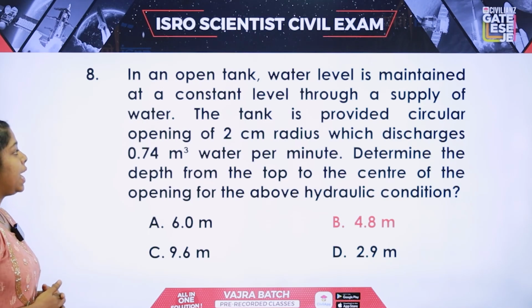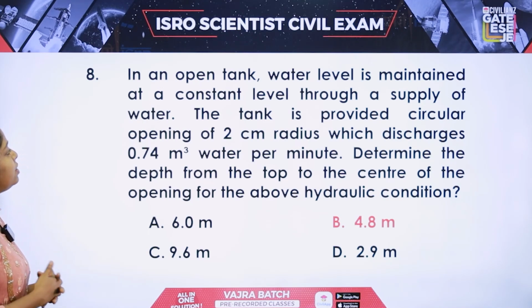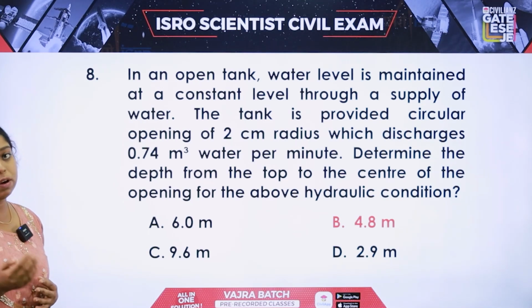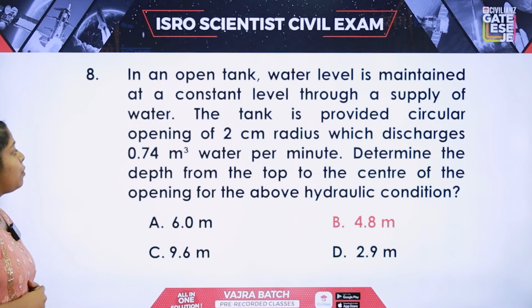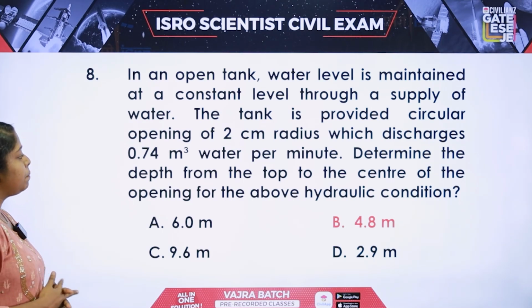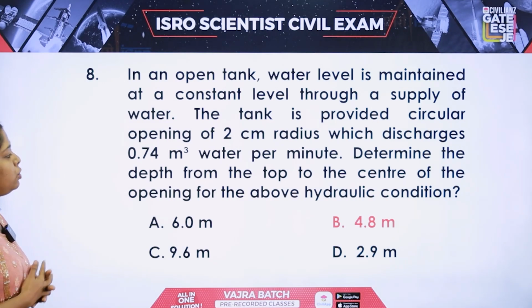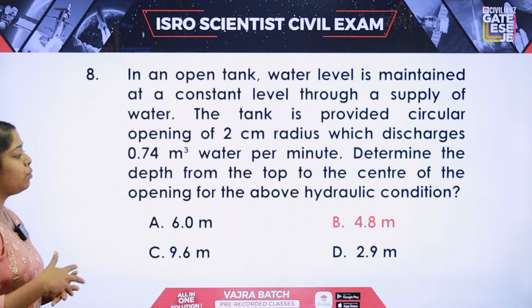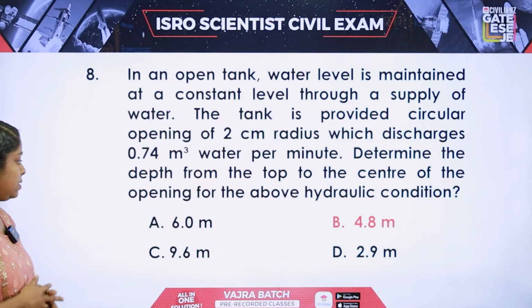In an open tank, the water level is maintained at a constant level through a supply of water. The tank is provided with a circular opening of 2 cm radius, which discharges 0.74 meter cube of water per minute. What we need to determine is the depth from the top to the center of the opening for the above hydraulic conditions.